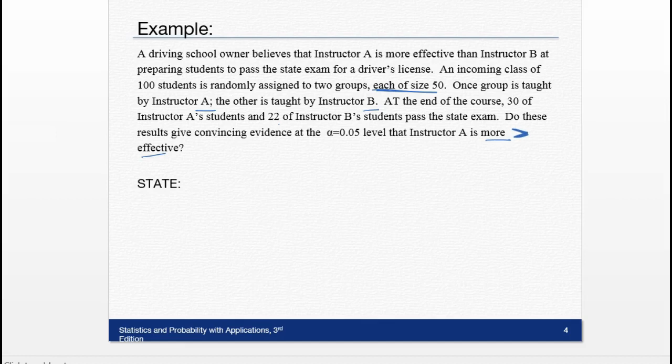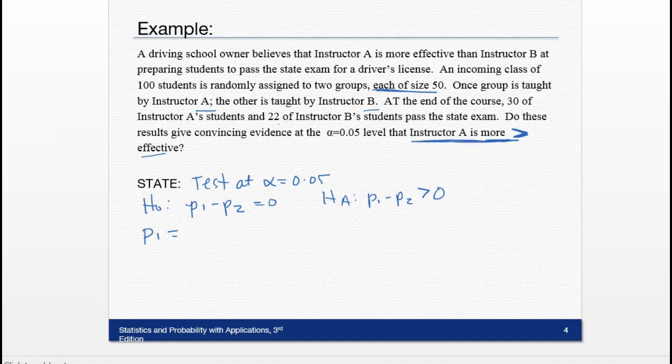So in the state step, we're going to test at the alpha equals 0.05 level. What's our null? Our null is P1 minus P2 is equal to 0. The alternative is that P1 minus P2 is greater than 0. How do I know it's greater than? Because it says greater than here. Now I have to decide which one is P1, which one is P2. Well, they're trying to prove that Instructor A has more students pass.